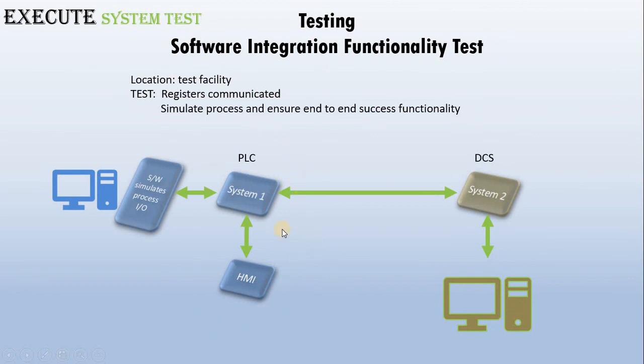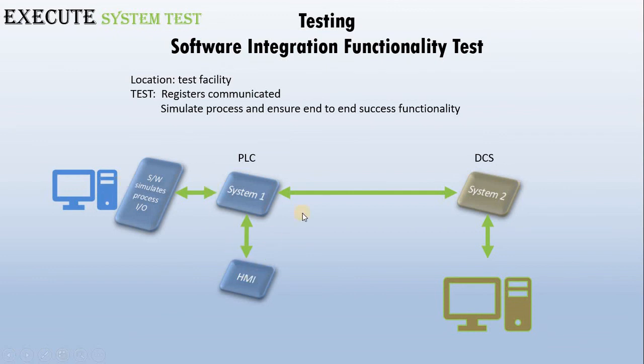Before you do the interface, I would assume that you have already verified your system, and your logic is working. Then the same software you used to simulate your process I/O and test your system, we now use to connect to the DCS, and we go from far end to far end. So you click on the simulator and make the valve open.